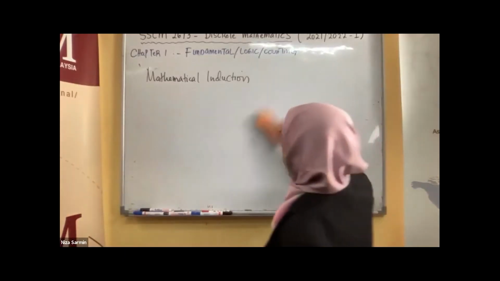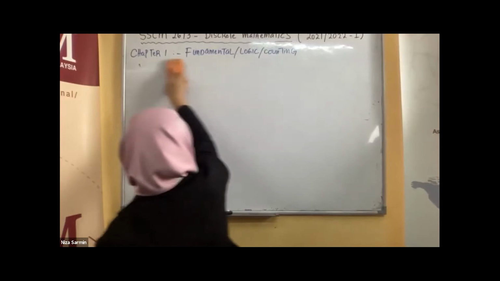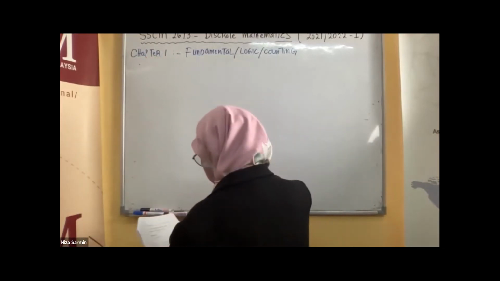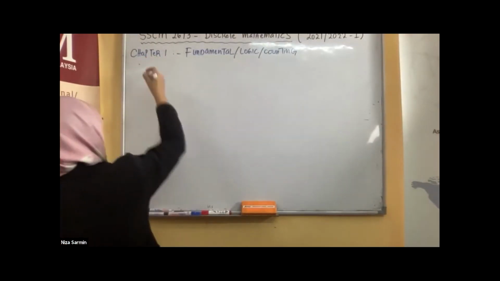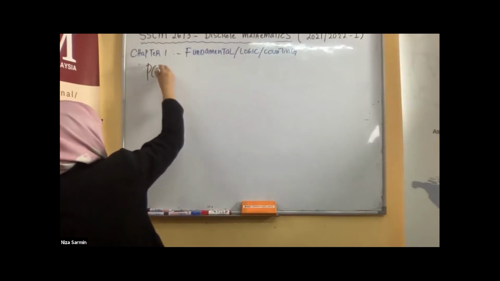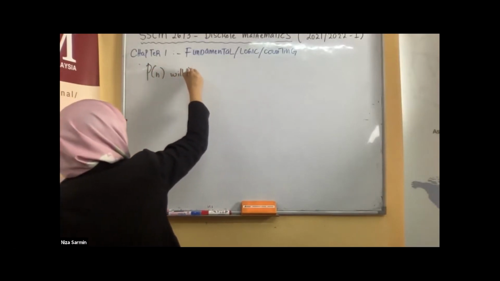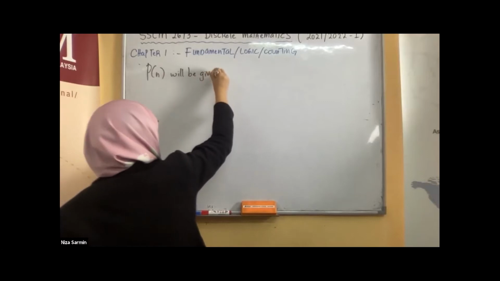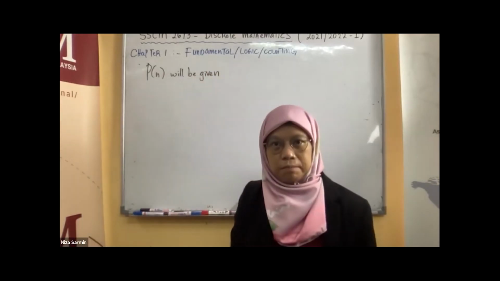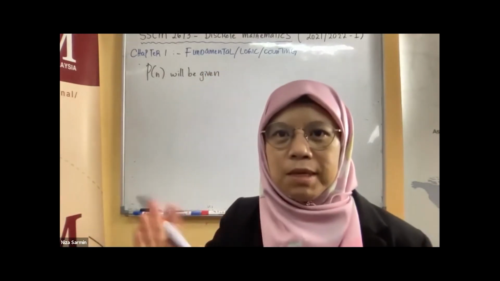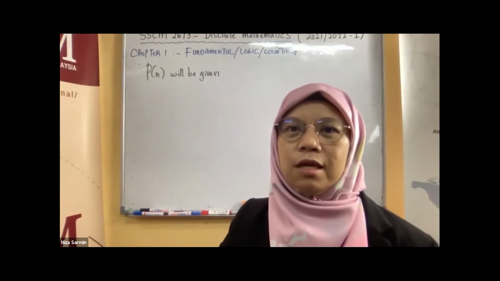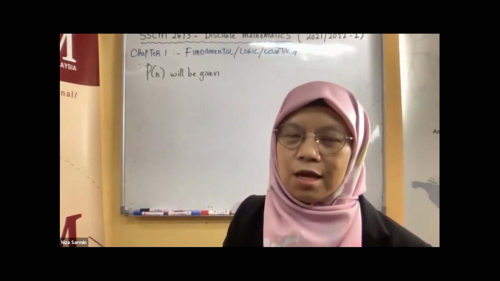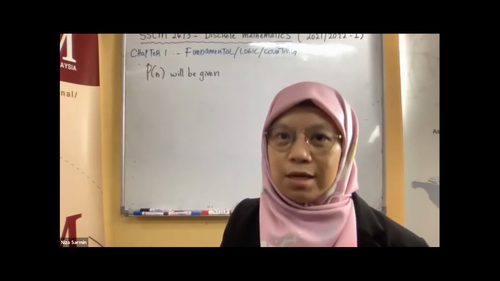Okay, mathematical induction, yeah. So the first step, Pn will be given. Pn is a statement, meaning it is true or false, that involves n, and n is a natural number.